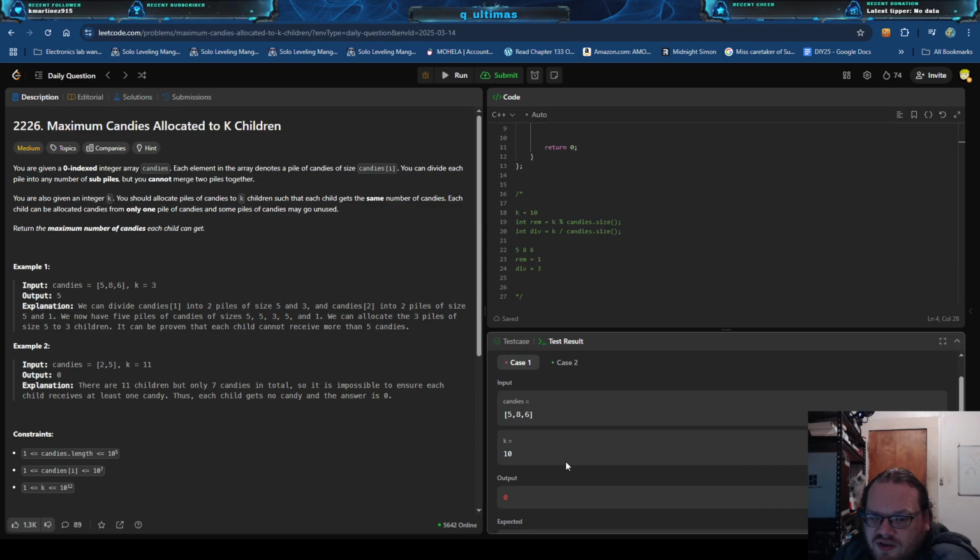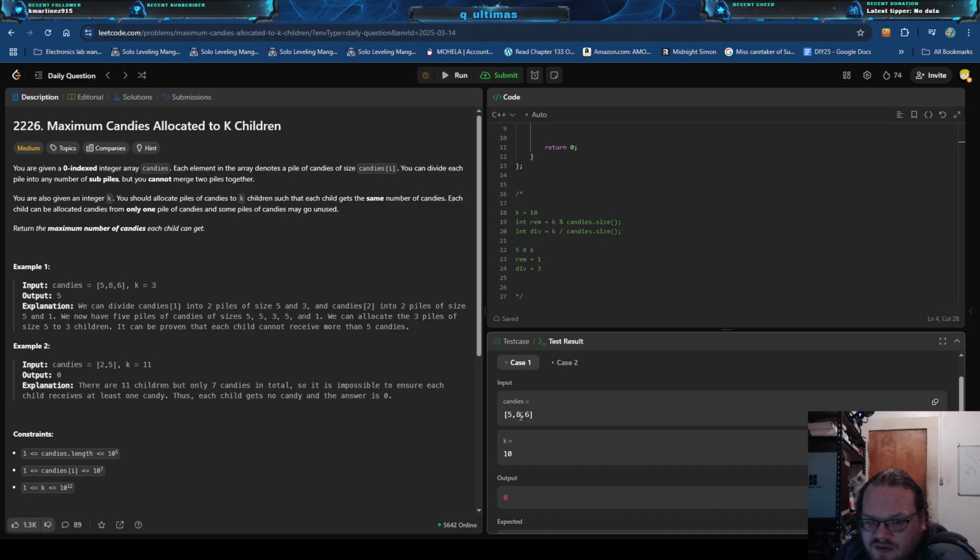If we have 10 children, 10 divided by 3. 3 children for 5 candies would be what? It would be a minimum of at least 1. The remainder doesn't matter, does it?